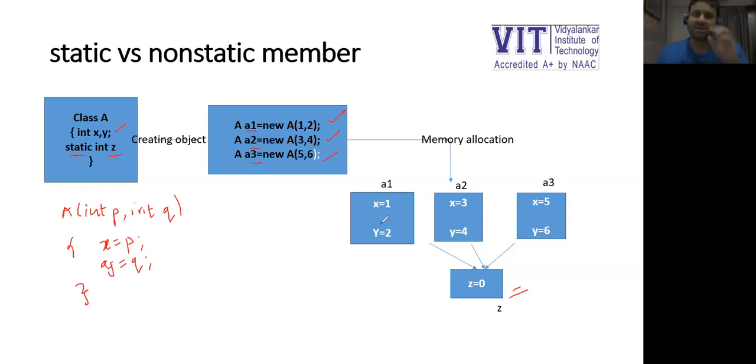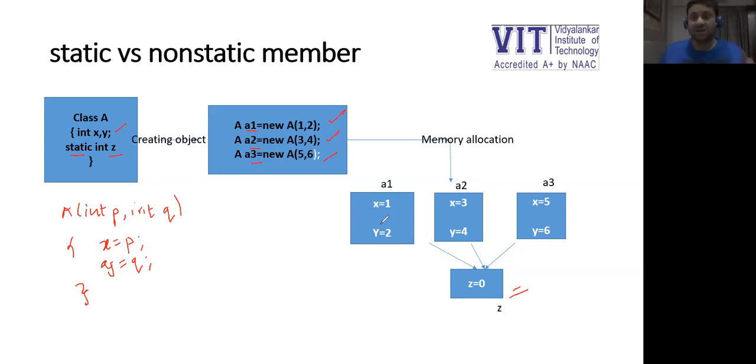It means that the non-static data members are the only data members that will occupy memory in an object. So basically, what is the size of an object? The sum of the sizes of all non-static data members of a class. Class A contains two non-static data members, so for A1 we will have two data members, X and Y, and A2 and A3 are the same.